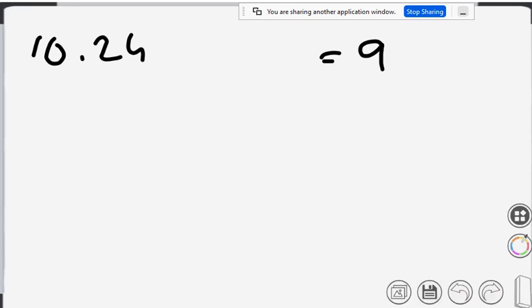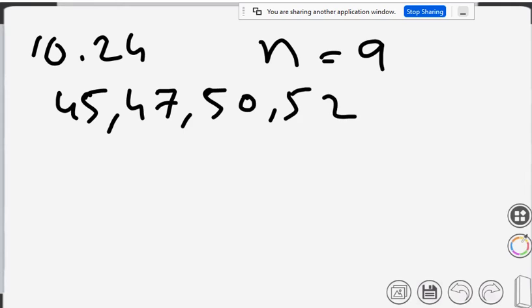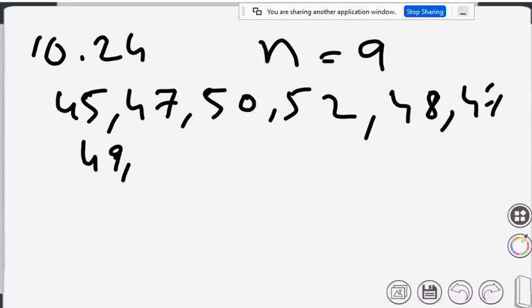The values are 45, 47, 50, 52, 48, 47, 49, 53, and 50. Isn't it? 1, 2, 3, 4, 5, 6, 7, 8, 9. So 9 items.